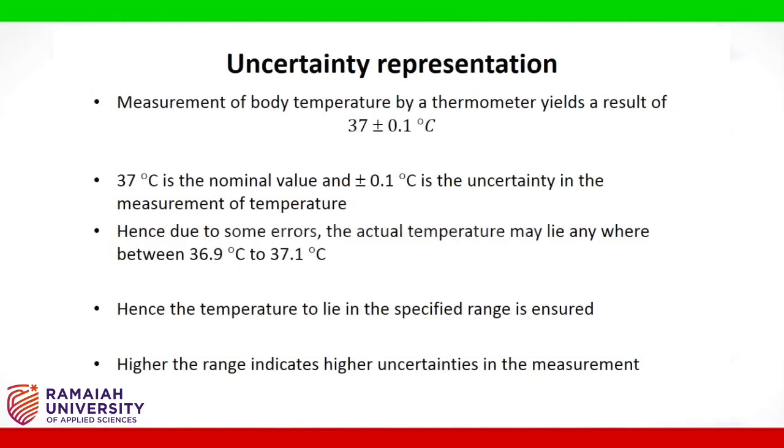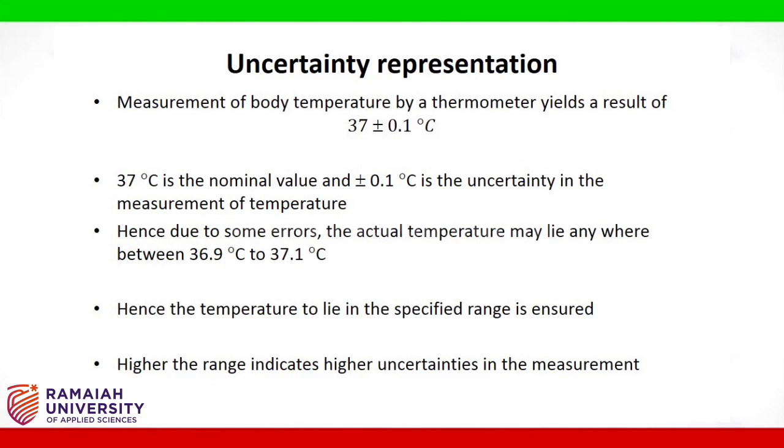Uncertainty in measurement or result is denoted using the plus or minus symbol. For example, measurement of body temperature by a thermometer yields a result of 37 plus or minus 0.1 degree Celsius. Hence, 37 degrees Celsius is the nominal value and plus or minus 0.1 degree Celsius is the uncertainty in the measurement of temperature.